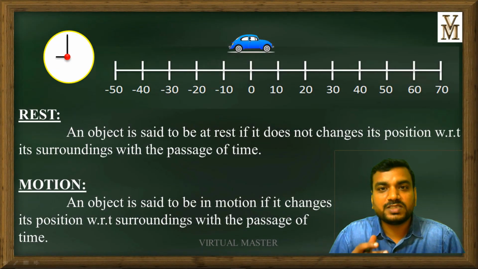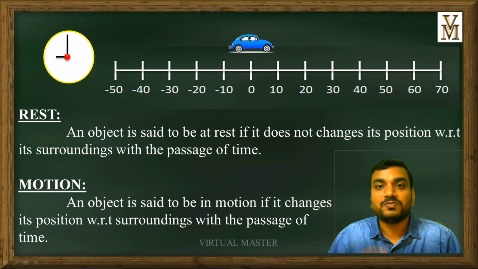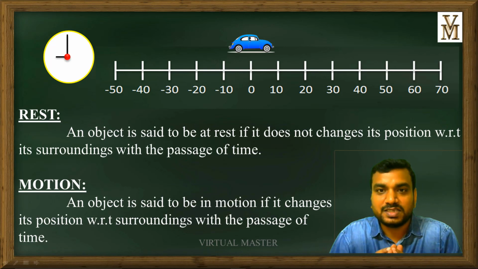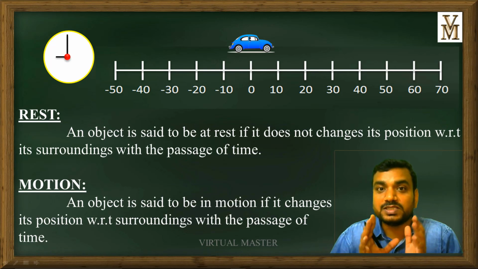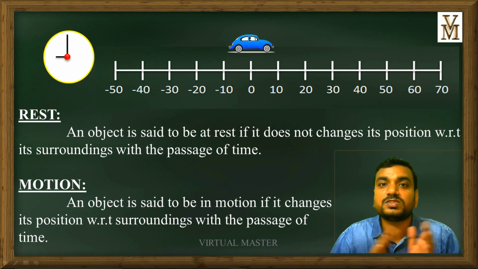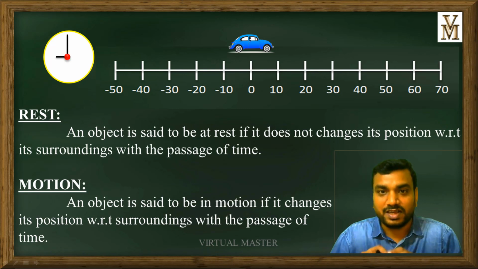When is the object said to be at rest and when is the object said to be in motion? An object is said to be at rest if it does not change its position with respect to time. It is said to be at rest only when it is not going to change its position with respect to time.